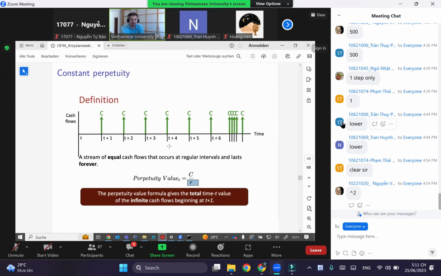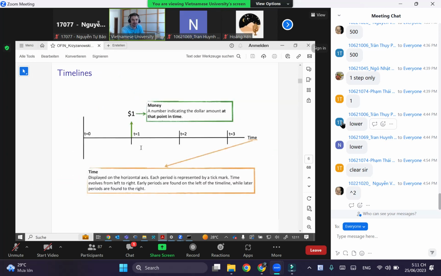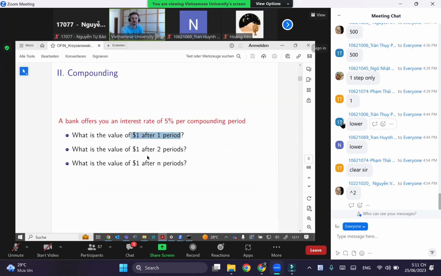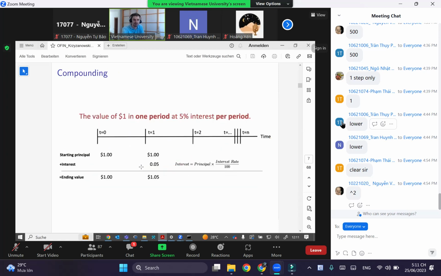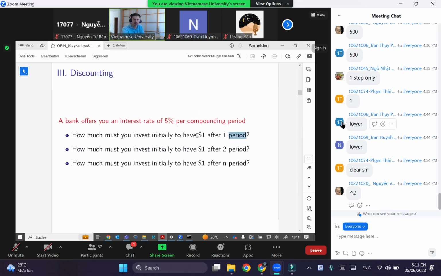So you see that in the course of today's lectures, we started by calculating a cash flow for one period, or moving it one period ahead. We started from what is the value of $1 after one period, or after two periods, in the compounding context, or by discounting, if I want to have $1 in one period, how much do I need now?